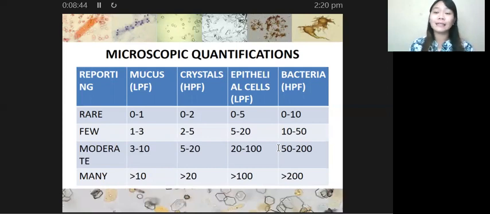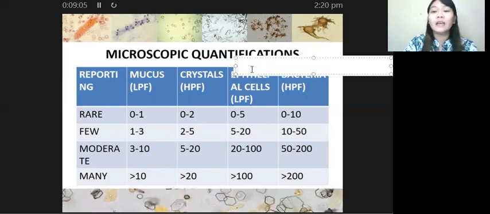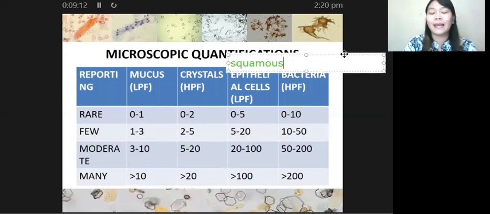So what are the different sediments which make use of microscopic quantifications? We have your mucus threads, we have your epithelial cells. Particularly, the epithelial cells we mean here are the squamous, because it depends, right? There are many different epithelial cells.